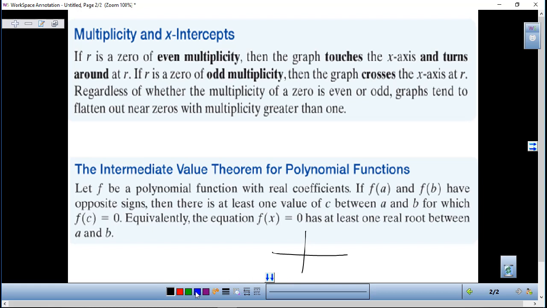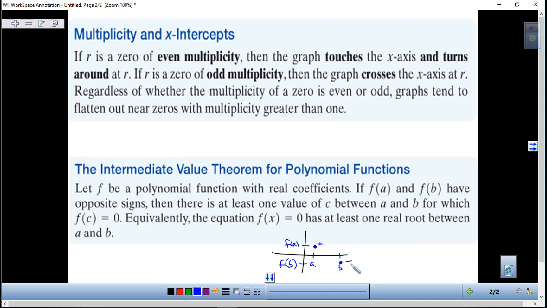If we've got a graph, and we don't know what the graph looks like, but let's say we have a here and b here, when we find those function values, there's f of a, we've got a point right there, and then down here f of b, we've got a point right there.